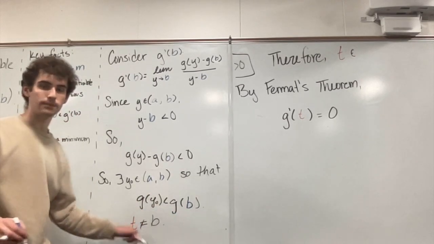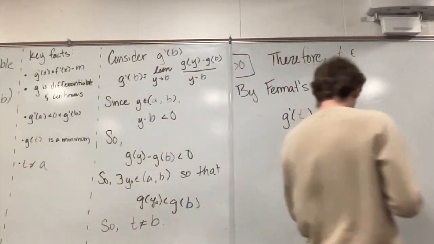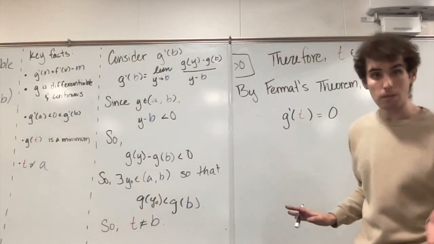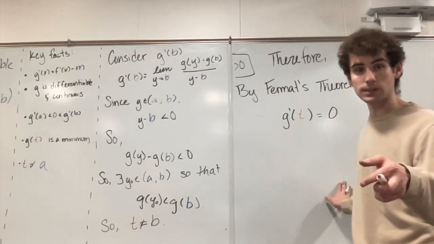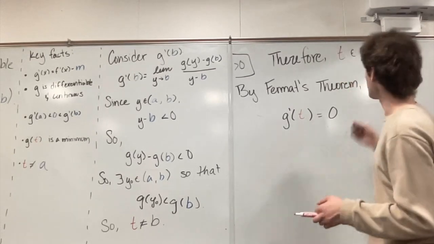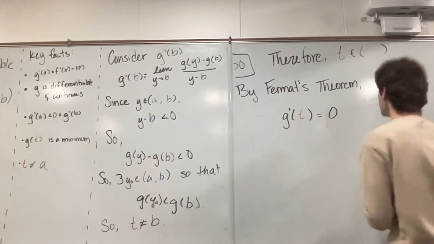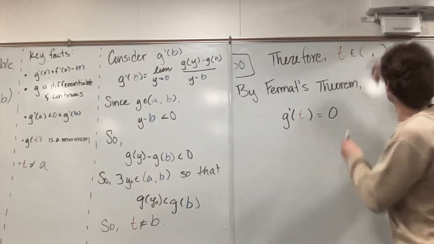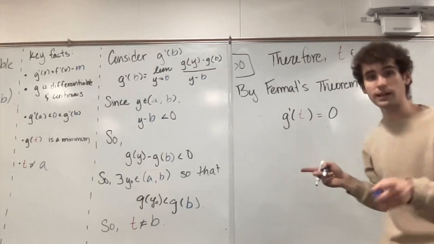So t is not b. Similarly, we know t was not a. And because we knew t, our minimum, was in the closed interval a to b, and we know it's not a or b, we can further clarify that it's within our open interval a to b. Okay, we're almost there.